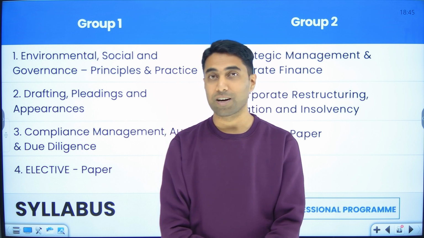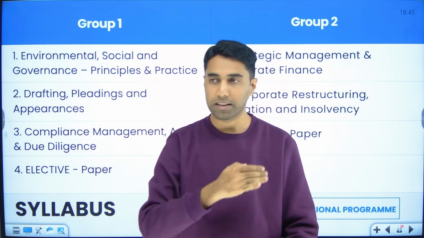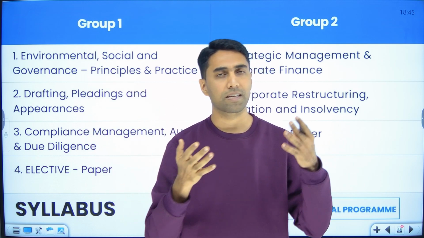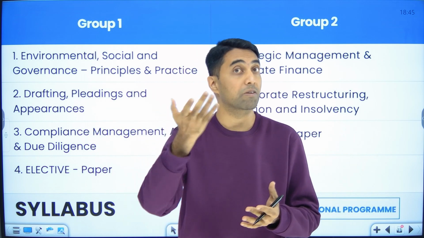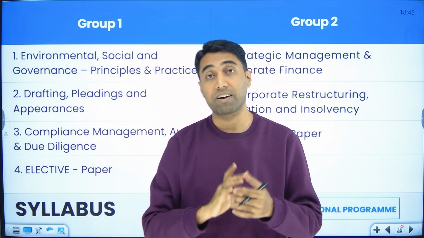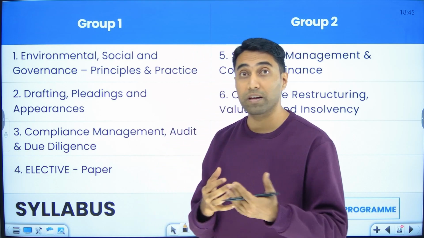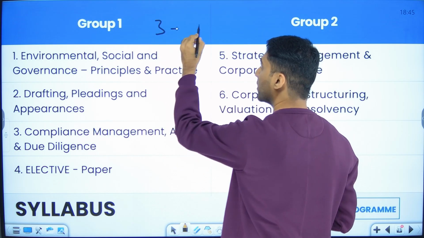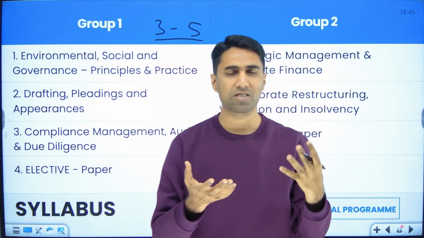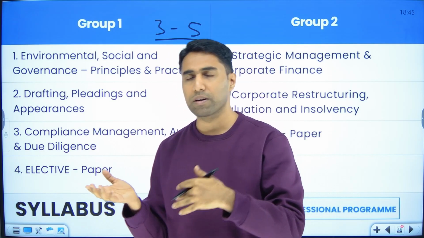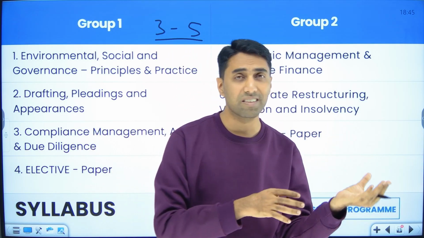In 3 to 4 years, not one day, tomorrow you don't have to give 1 lakh. In 3 to 4 years time, this course takes minimum 3 to 4 years. Sometimes it may take even 5 years. That is why I always tell, if anybody asks how many years is the CS course, I tell 3 to 5, because it depends on how much time you have, whether you are a full-time student, working, or going to college and studying.